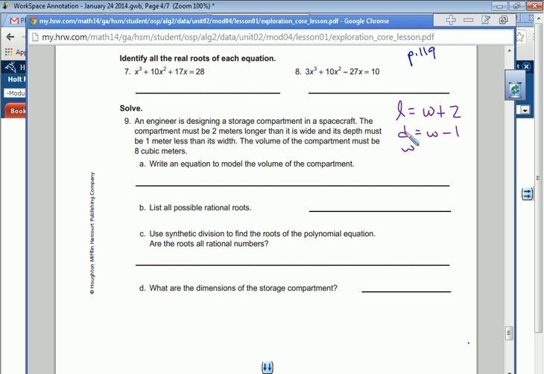And they define length and depth in terms of width. So in our equation, everything will be in terms of W, right? Because that's what they're all defined in terms of. So volume is length times width times height, or length times width times depth in this case. Multiply my 3 dimensions. So it's going to look like this: W times W plus 2 times W minus 1.